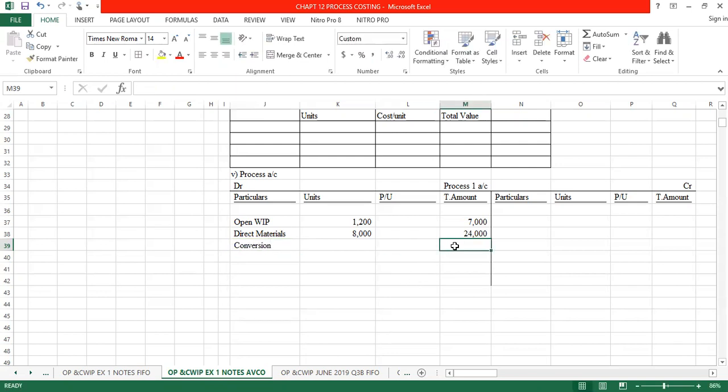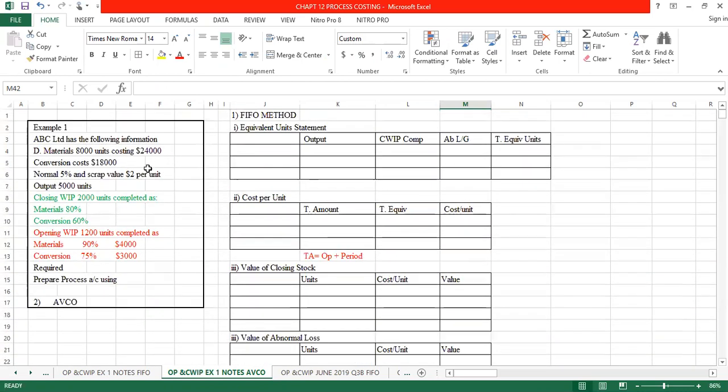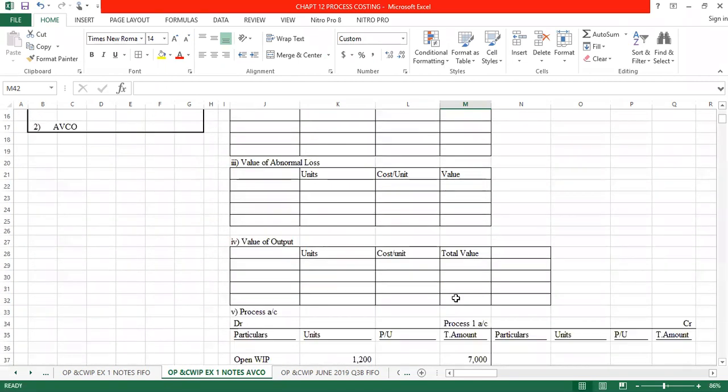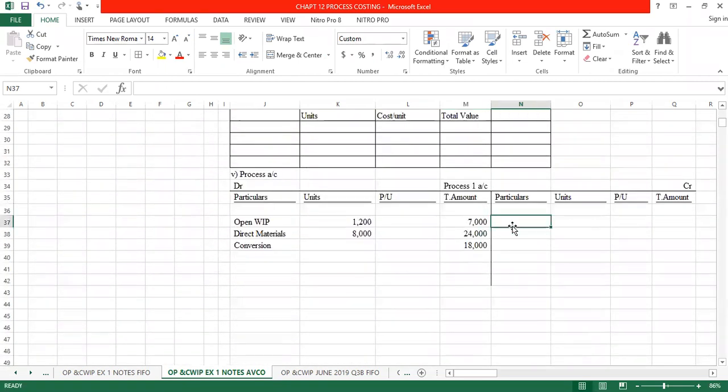Conversion is 18,000. We continue. Normal loss is 5% and the scrap is $2. So normal loss is 5%, of course, times what? 8,000.